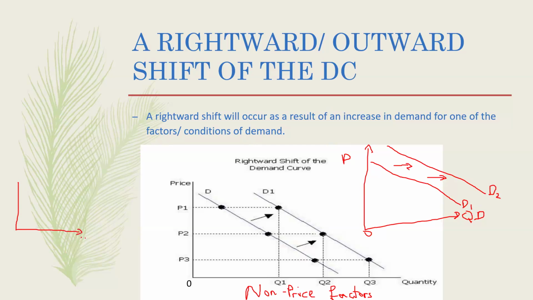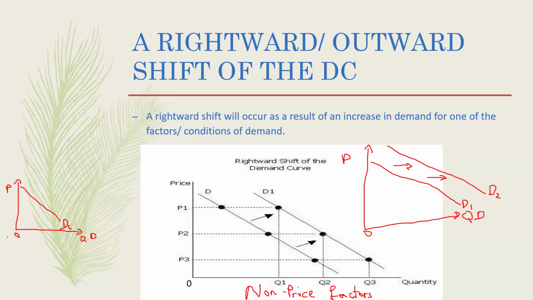Let's say this is my quantity demanded again. This is my origin. This is my price. This is my demand curve. Let's say that tastes and preferences, people's preferences for the item, decrease.